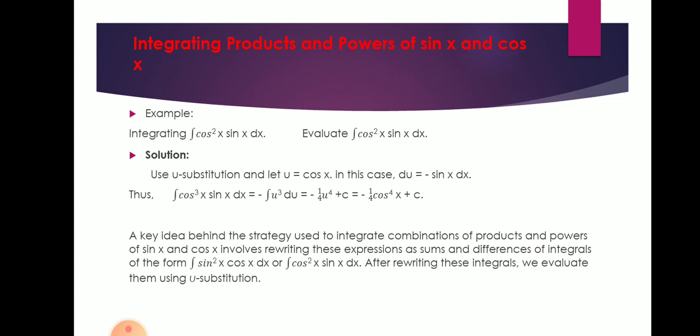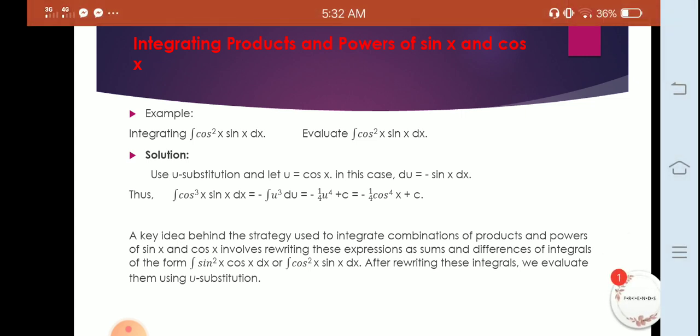Thus, integral cosine cubed x sine x dx equals negative integral u cubed du equals negative 1/4 u^4 plus c equals negative 1/4 cosine^4 x plus c.